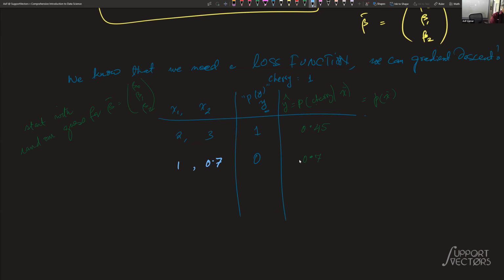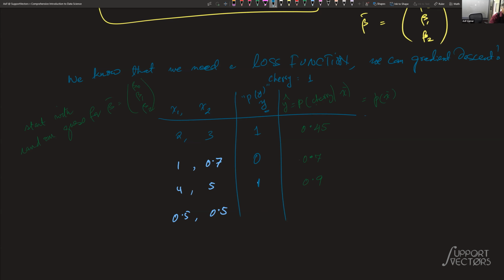Now let me take another point, just for the sake of argument, 4, 5. We know that it is actually cherry, and our prediction says 0.9. And then let's take another point, 0.5, 0.5.